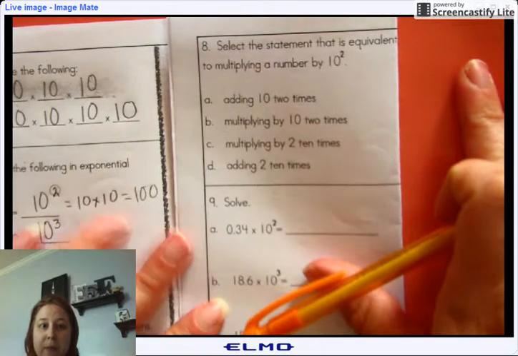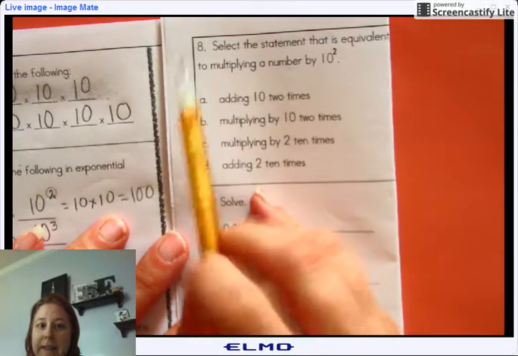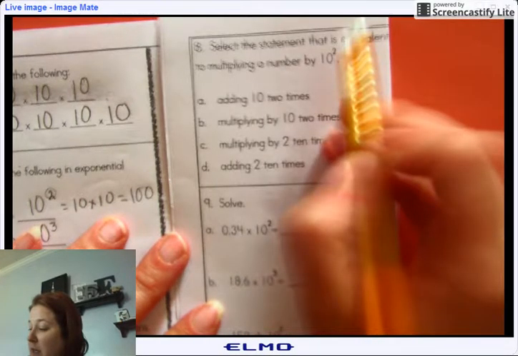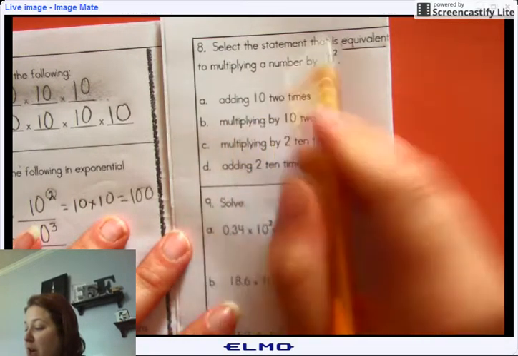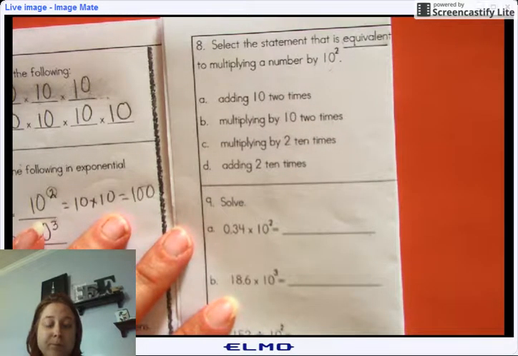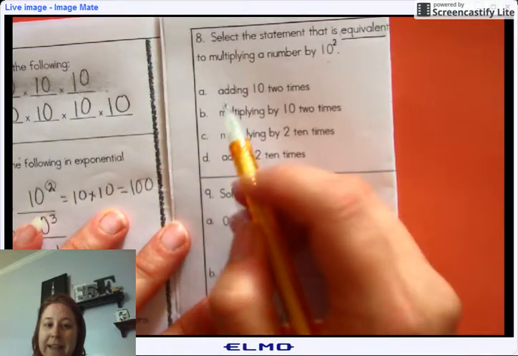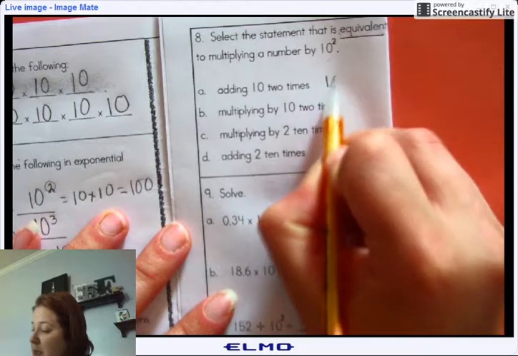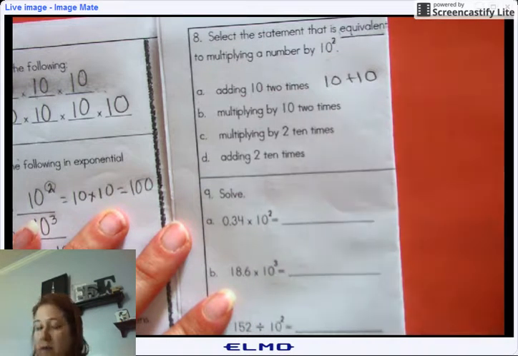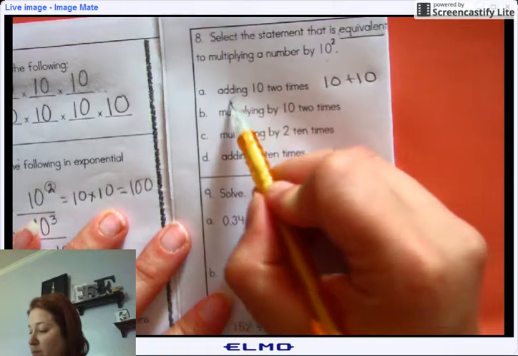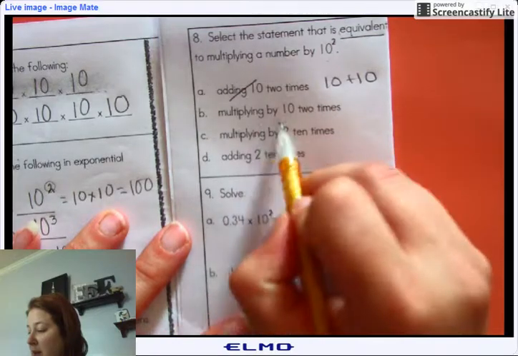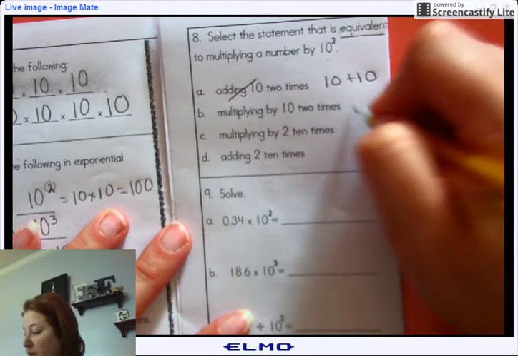Okay, I'm going to my middle flap, so if I fold my one flap in, and it says select the statement that is equivalent, meaning equal, to multiply 10 to the second power. Are we adding 10 2 times? We're doing 10 plus 10. Multiplying 10 2 times.